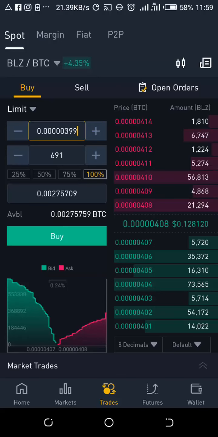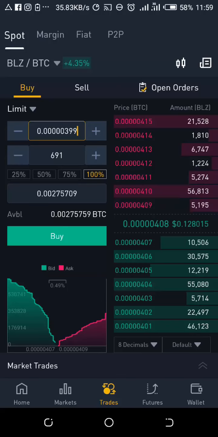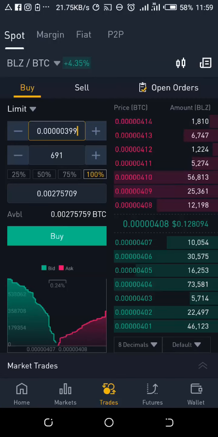But if you have a higher amount in your wallet, you can divide your portfolio, your wallet balance, and put it into different trades, okay? So that if any loss is seen in a particular trade, it is not going to affect all your balance, okay? But here on this trade, we are trading with 100% of our balance.